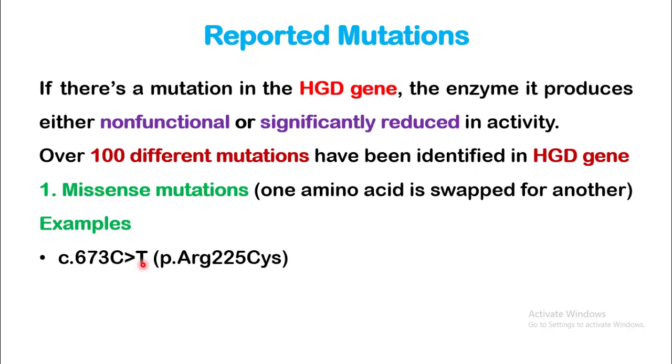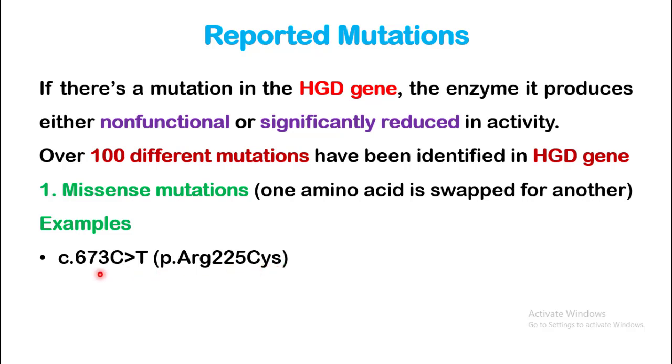c.673C>T means. When you talk about this particular thing, this P is actually referring to the protein. This arginine is actually the amino acid that is present in the normal HGD protein. This 225 is going to show you the position where, because of this mutation, you are now going to get a different amino acid, and the different amino acid that you are going to see is the cysteine in this particular case.